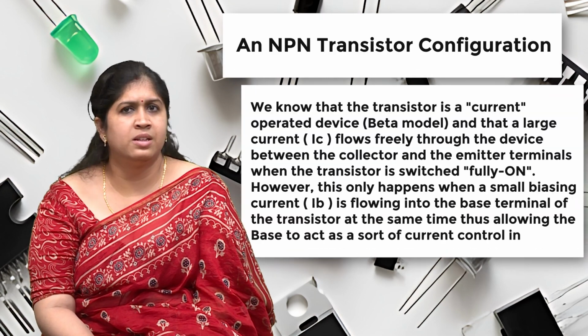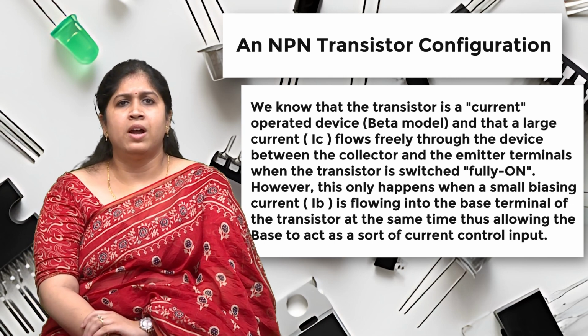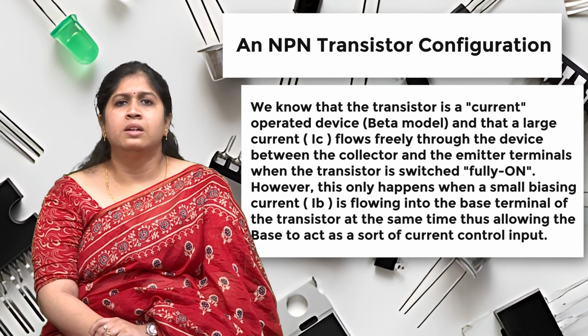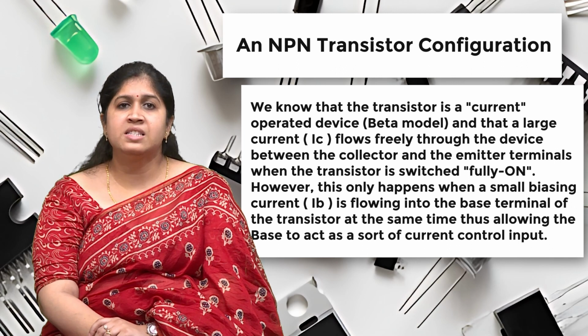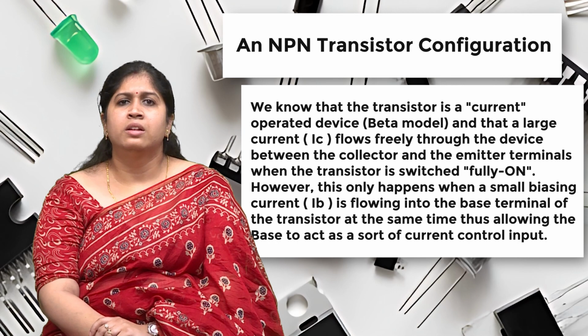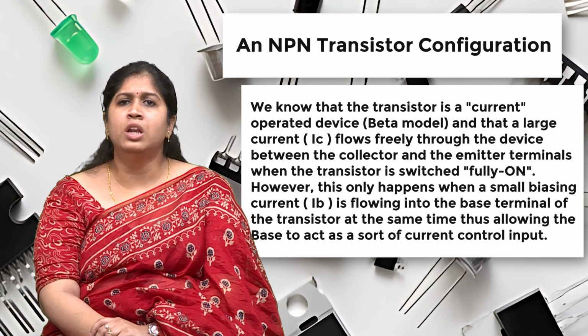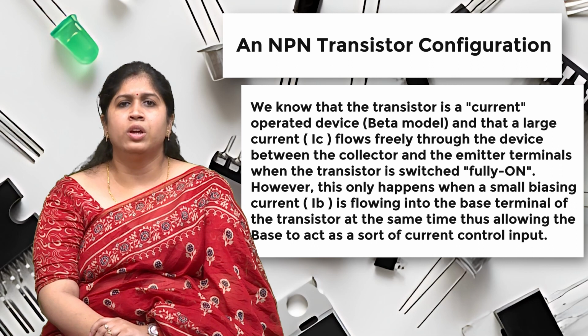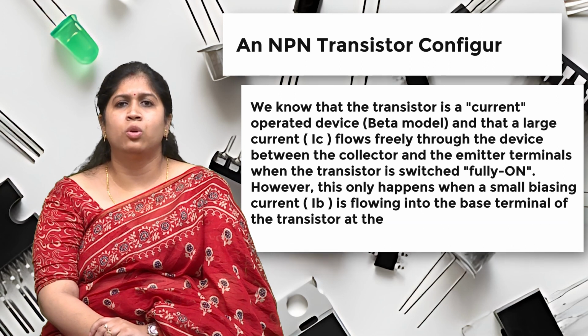We know that the transistor is a current operated device and that a large current IC flows freely through the device between the collector and the emitter terminals. When the transistor is switched fully on, however, this only happens when a small biasing current IB is flowing into the base terminal of the transistor at the same time, thus allowing the base to act as a current control input.